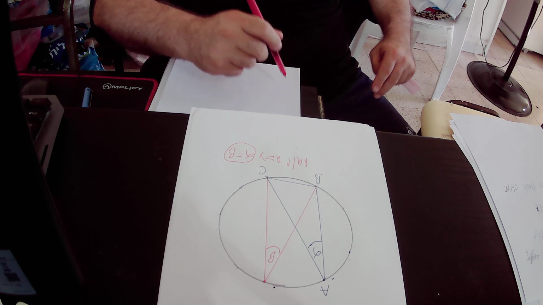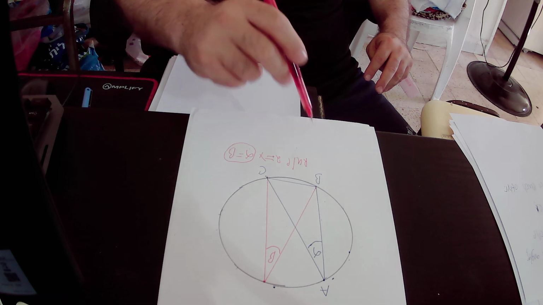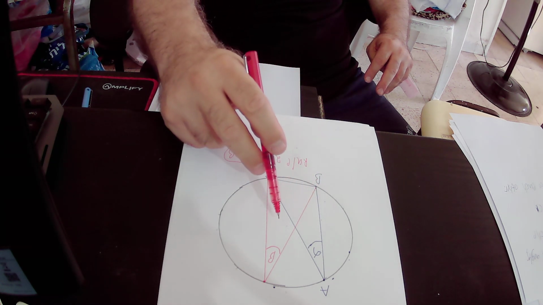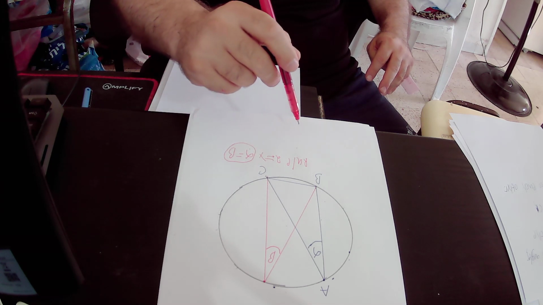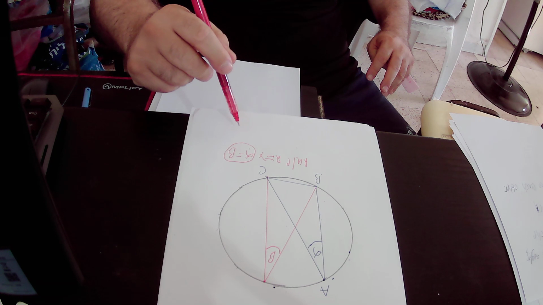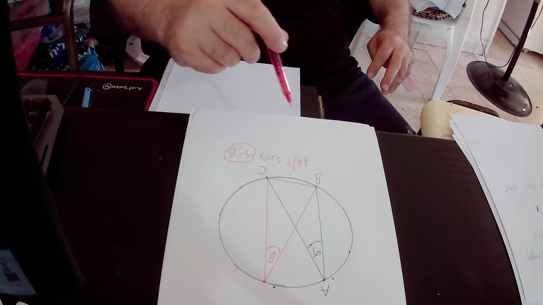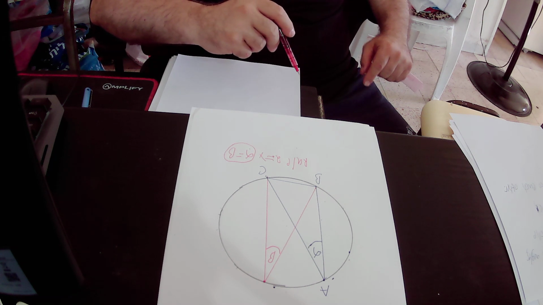So because both peripheral angles alpha and beta rest on the same chord BC, according to rule number 2, they are equal to each other. So alpha equals beta because they both rest on the same chord BC.